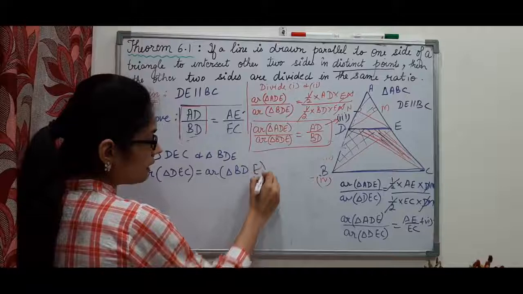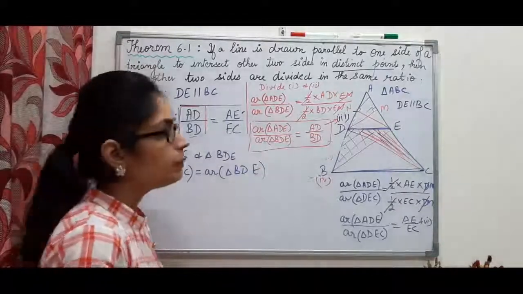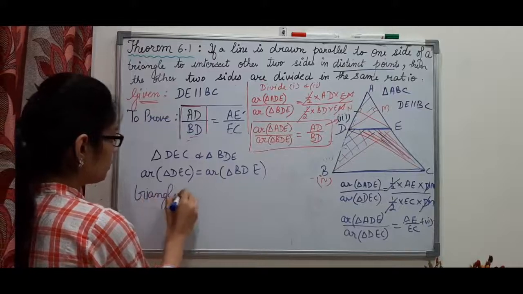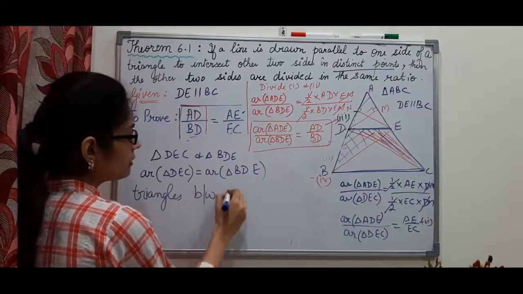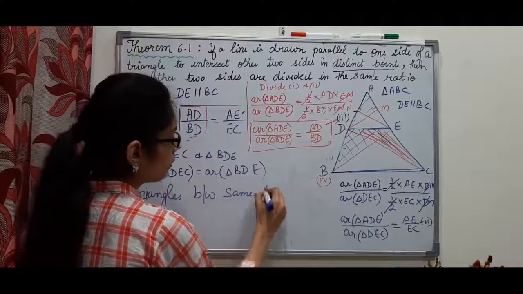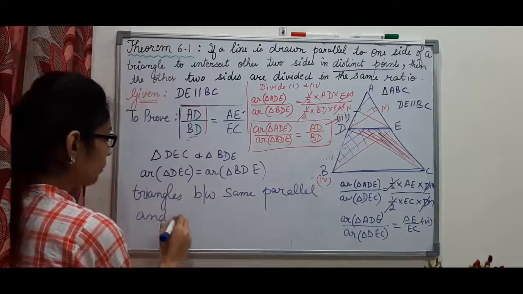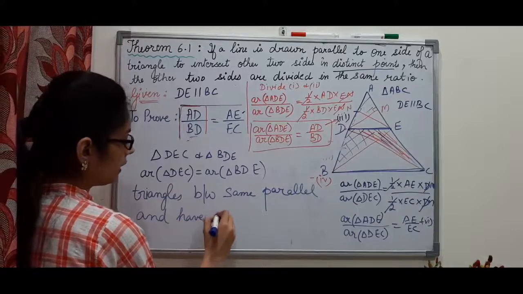So why are these areas equal? Triangles between the same parallels and having a common base are equal in area.